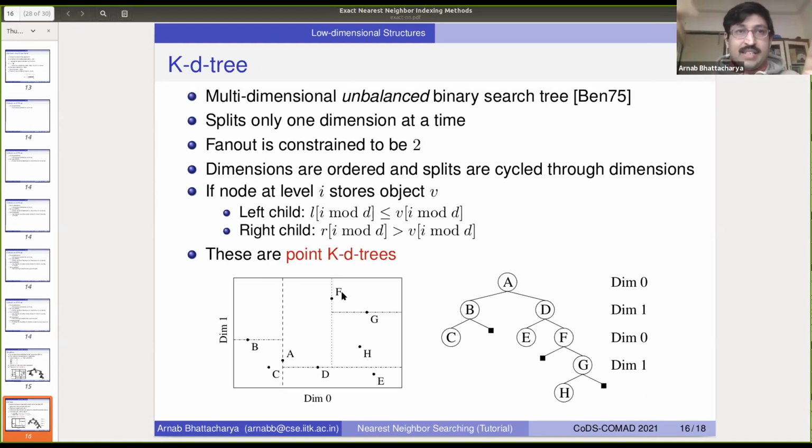And then it recycles among the dimensions. So in this one part, now it uses dimension 1 to break out. And then again dimension 0, then again dimension 1 and so on and so forth. So first is dimension 0, it breaks A, then in dimension 1 across D, then dimension 0 again, then dimension 1 again. So again, these are not guaranteed to be balanced, etc. And these are in-memory things.